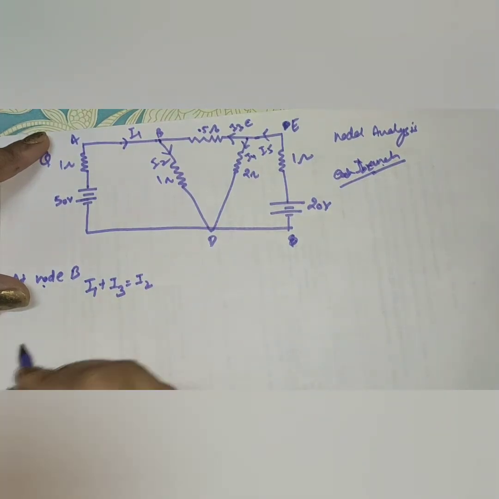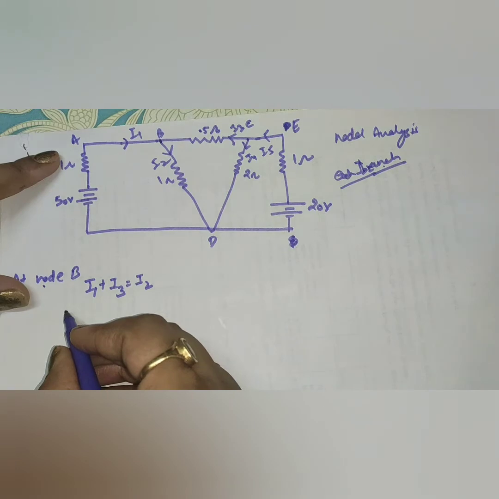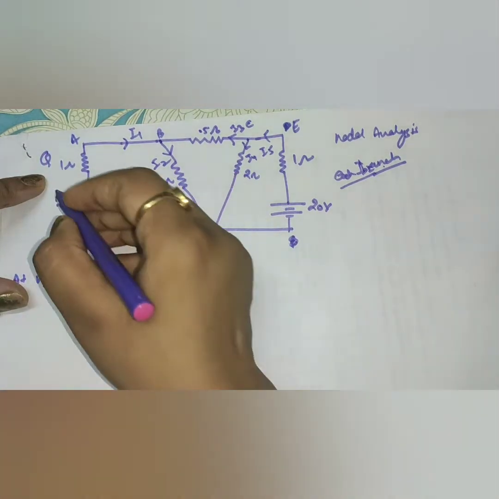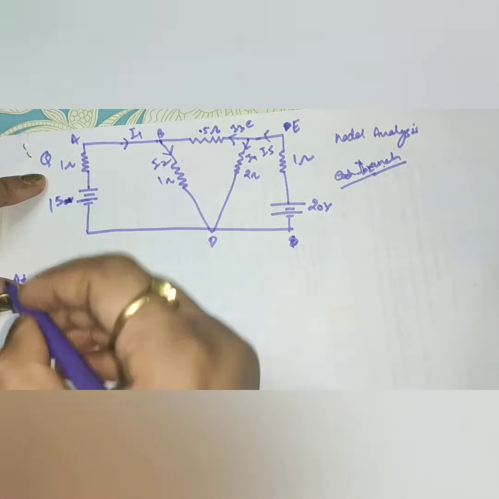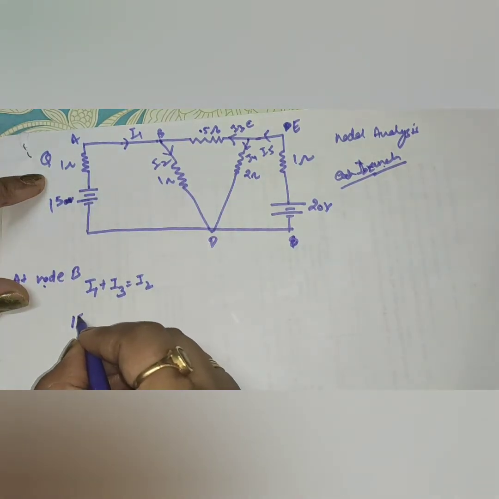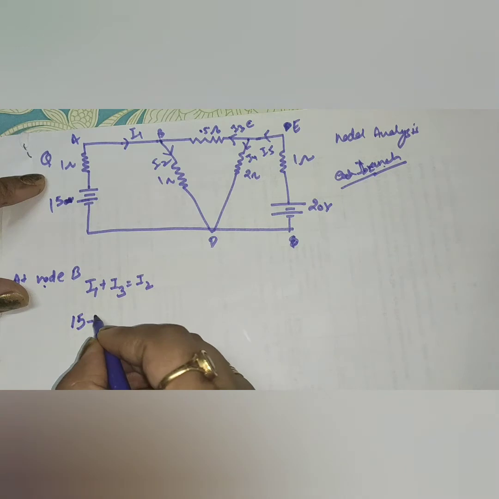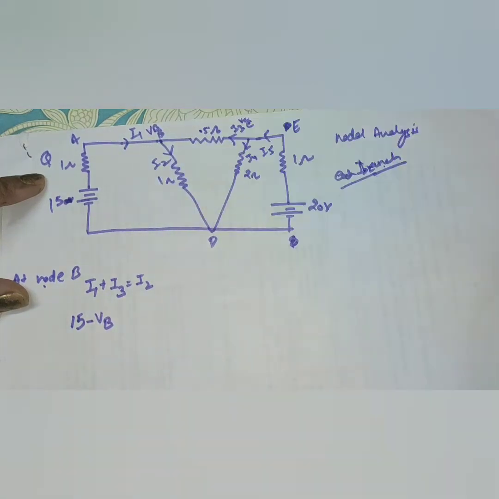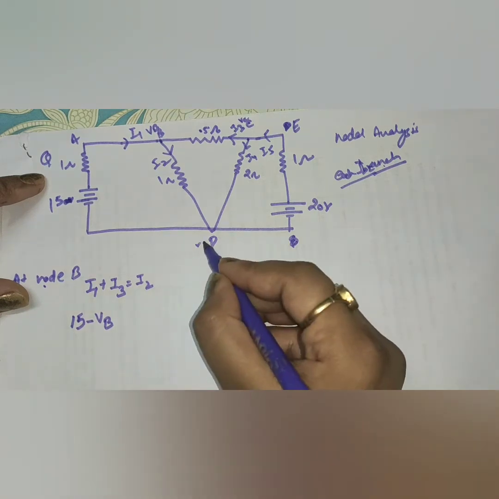Okay, so I1 is 15 minus VB upon 1 ohm resistance, and this will be VB, this will be VC, and this will be VD.